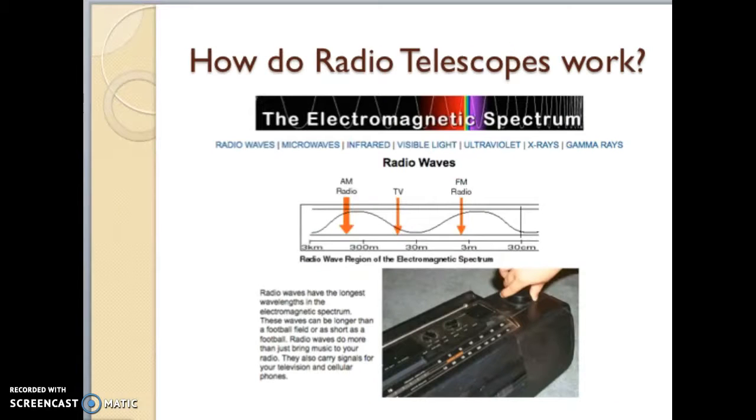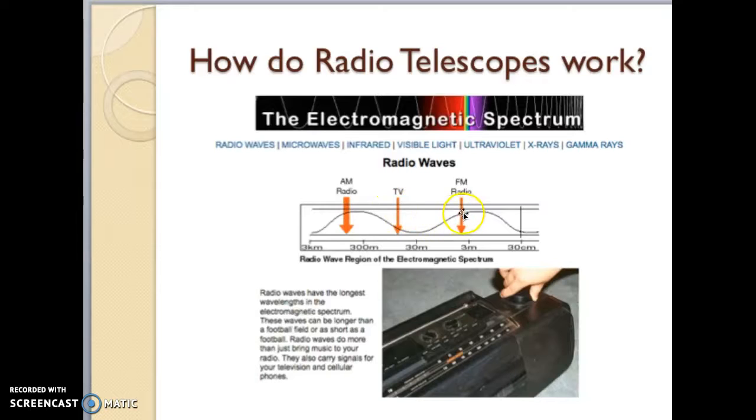So how do radio telescopes work? Well, radio telescopes work on radio waves, which are the lowest frequency and longest wavelength radiation in the electromagnetic spectrum. These waves can have different amplitudes and wavelengths.